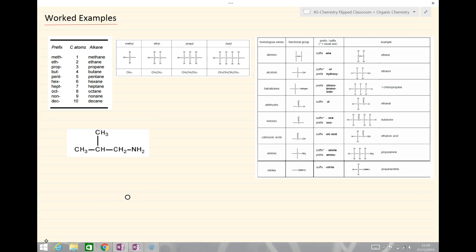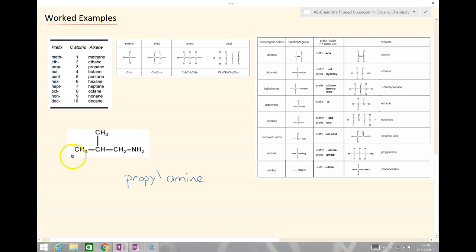This time then we're going to look at the amine group. Here we have the NH2 with the carbons side bonded off. And this time we've got 1, 2, 3 carbons in our longest chain. But we've got an amine group. So we're amine. And because it's 3 carbons, it's going to be propyl.